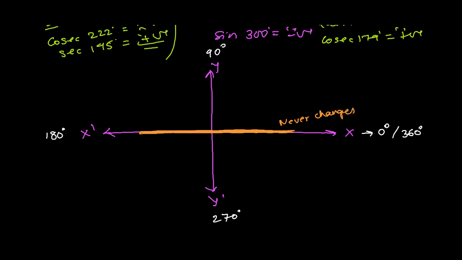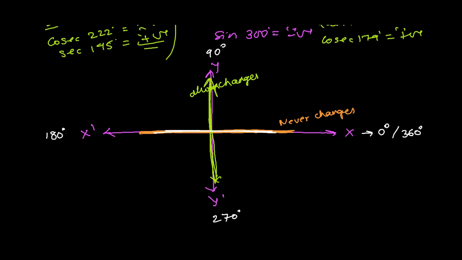And in this region, the 90 to 270 region, the trig ratios get changed, always change. You will be more clear when I take an example.